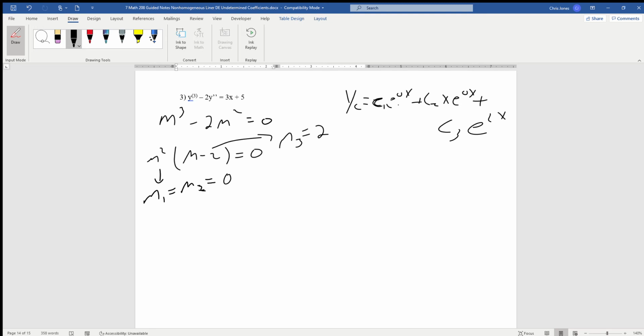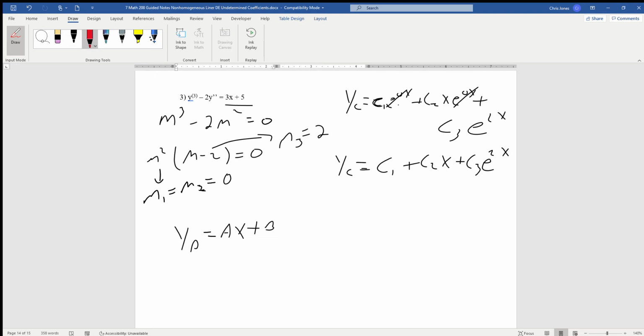And so we're going to guess a particular solution. Because we have a linear term, we would guess ax plus b. Now, if we simplify the complementary solution, we'll notice there's some repetition, because c1 e to the 0x simplifies to c1, c2x e to the 0x simplifies to c2x, and we still have c3 e to the 2x.